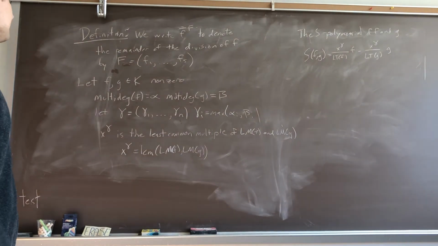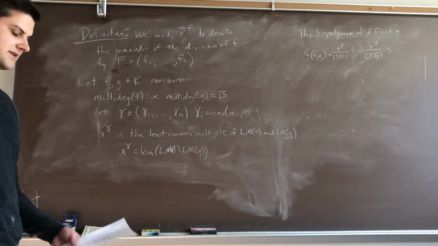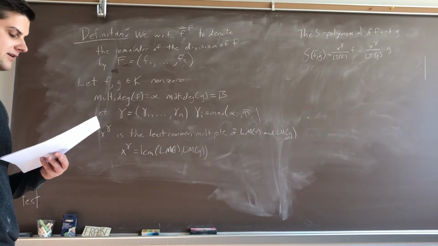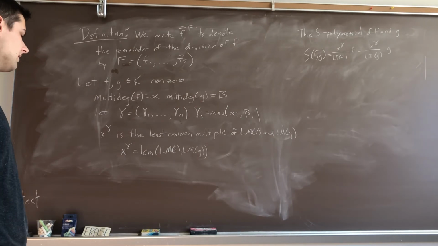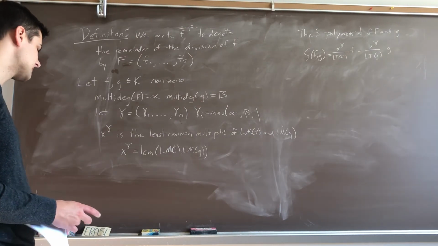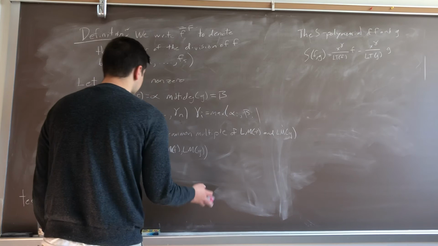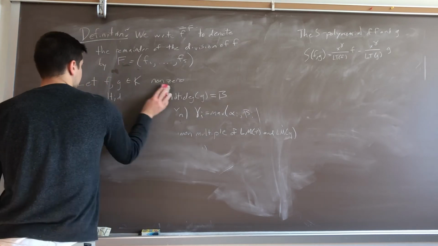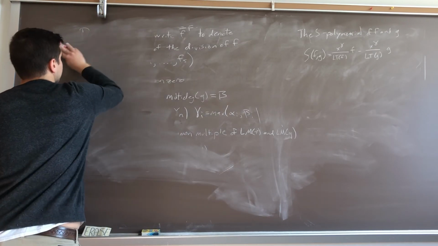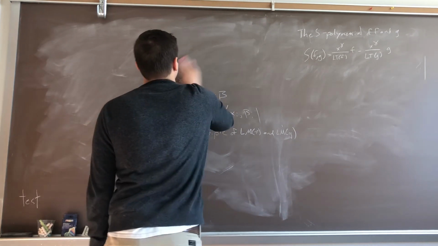So using all these definitions, we can state the criterion. I'm not going to prove anything about the criterion, but it does yield one more nice result, and that'll be basically the end of it. Okay.